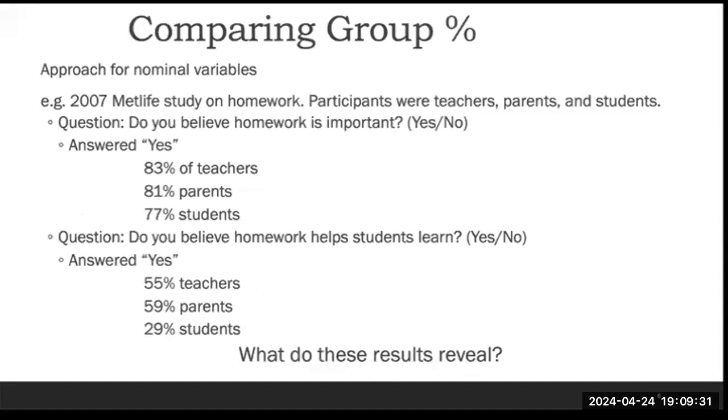Three categories, nominal scale variables. The question was, do you believe that homework is important? And the answers were yes or no. Again, nominal scale, right? So answered yes, 83% of teachers, 81% of parents, and 77% of students. So the majority of the participants did believe that homework was important. The second question was very revealing.